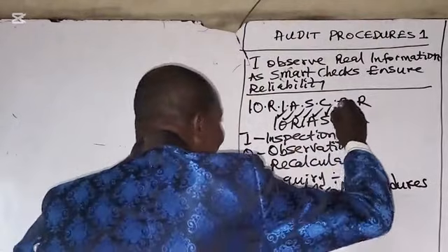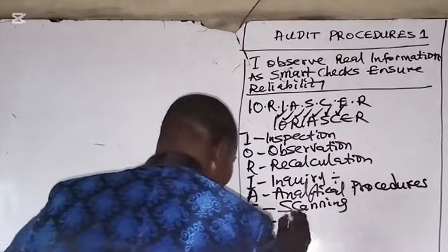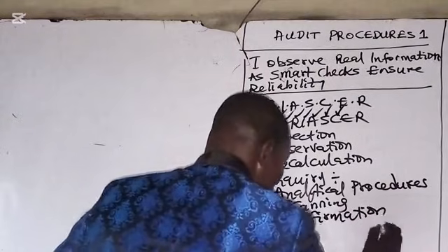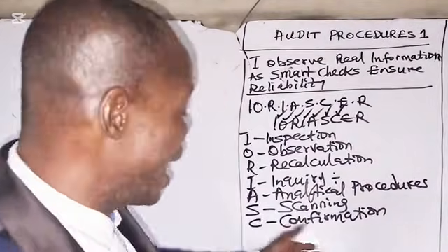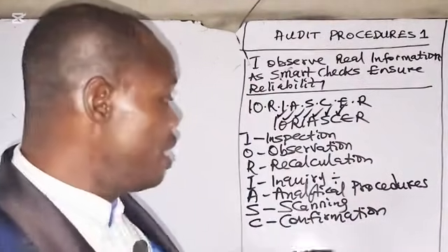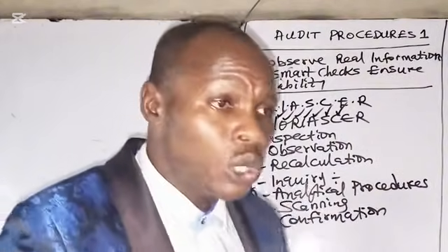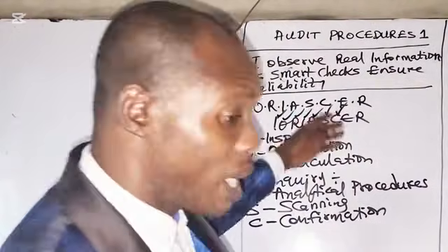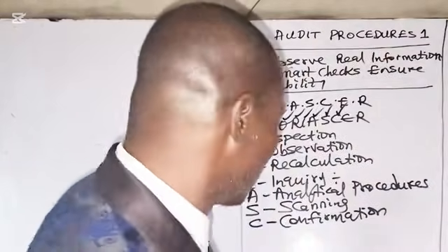The next letter is letter C. C stands for confirmation. You want to confirm. That is, you write to third parties to verify the balance. When you write to a third party in order to ascertain if the information provided is correct, you might write to a bank, an insurance company, creditors, or financial institutions.